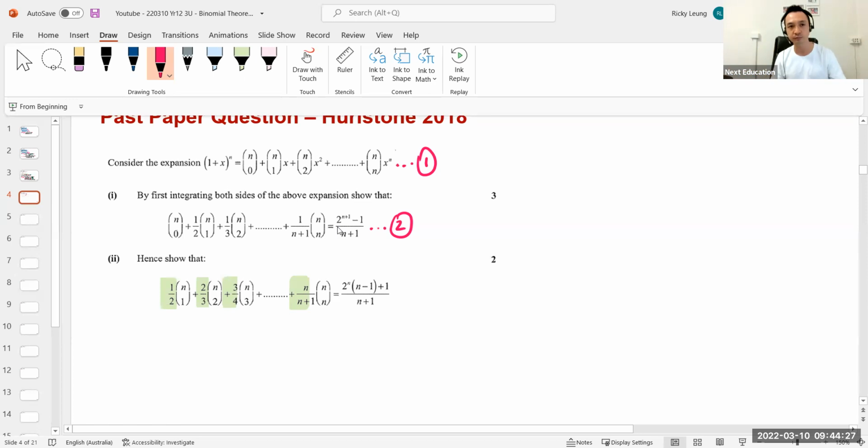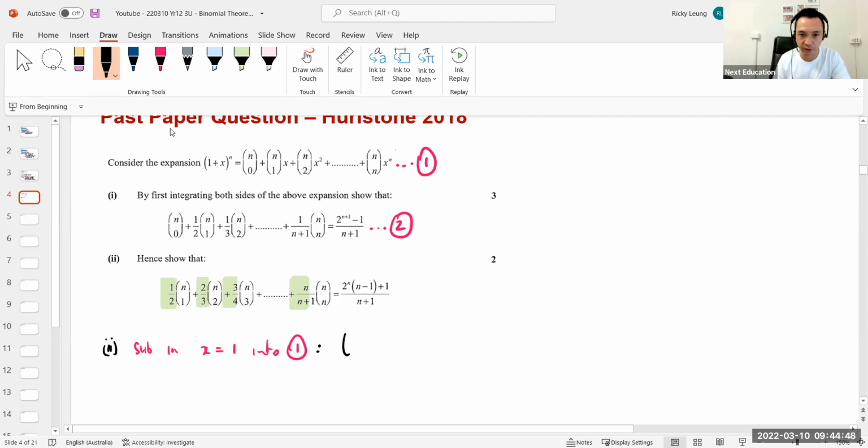So what I'm going to do, I can't use this yet because I need to sub in x equals 1. So for part 2, a smart thing to start with is sub in x equals 1 into number 1, right? And we know what we're going to get, all the coefficients. Let's just go there.